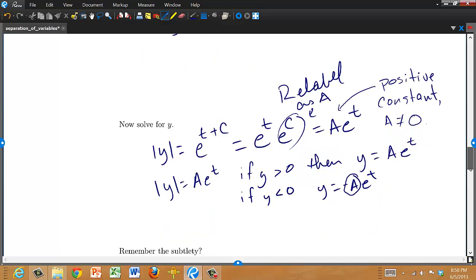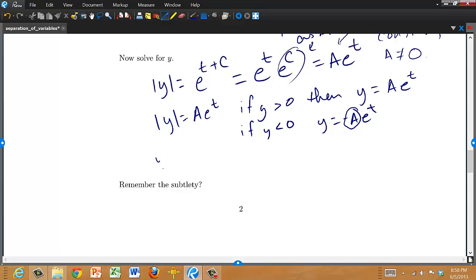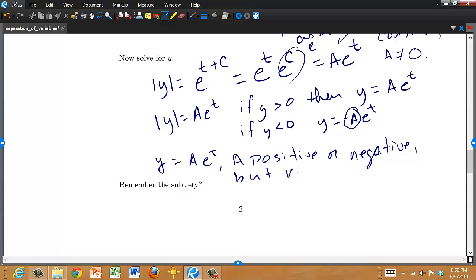So what we can say now is that y is going to be a times e to the t, and a is positive or negative, but non-zero. Okay, so what we did up here is we relabeled negative a. Well, we said that's just another constant, and we'll call it a also. That's relabel as a.